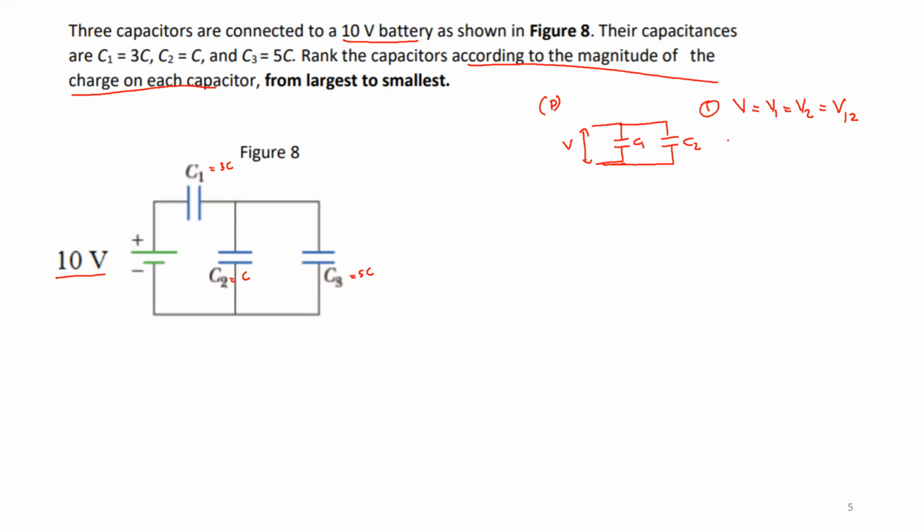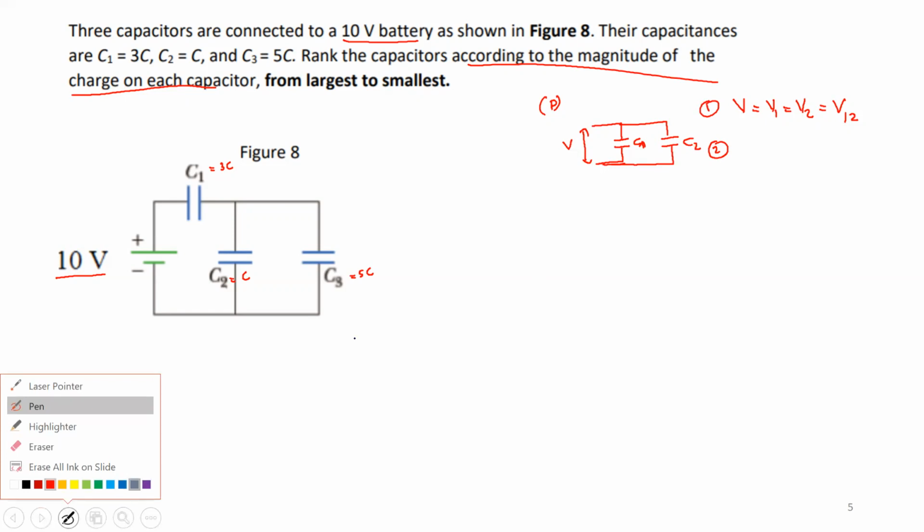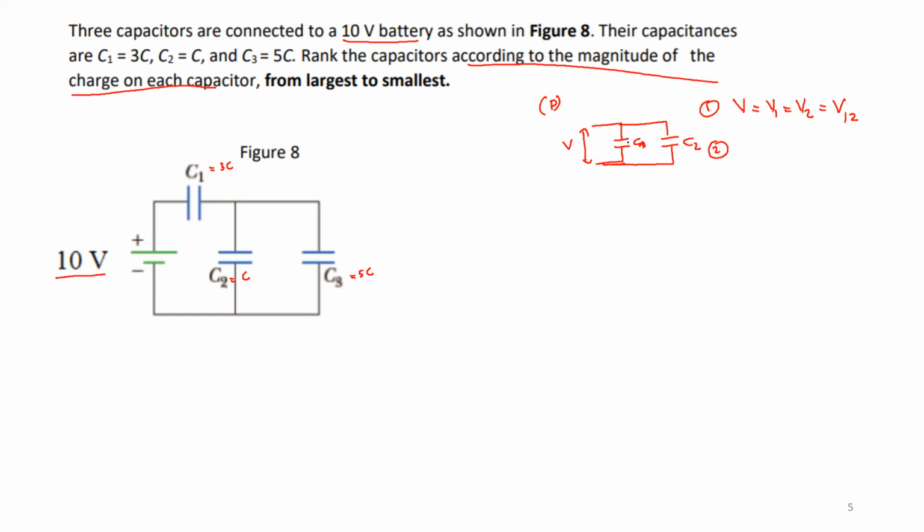Now, second equation, the total charge. So this is C1 and this is C2. Let me take another color. I already discussed this. The charge on capacitor 1 is Q1, meaning Q1 here and minus Q1 here. And the charge of capacitor 2 is Q2. Now the total charge accumulated by these two capacitors, I will call it Q, which is Q12, will be equal just to Q1 plus Q2.